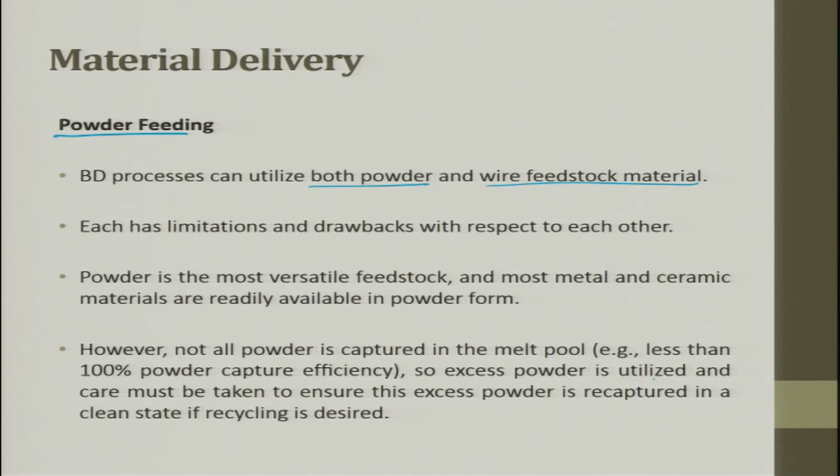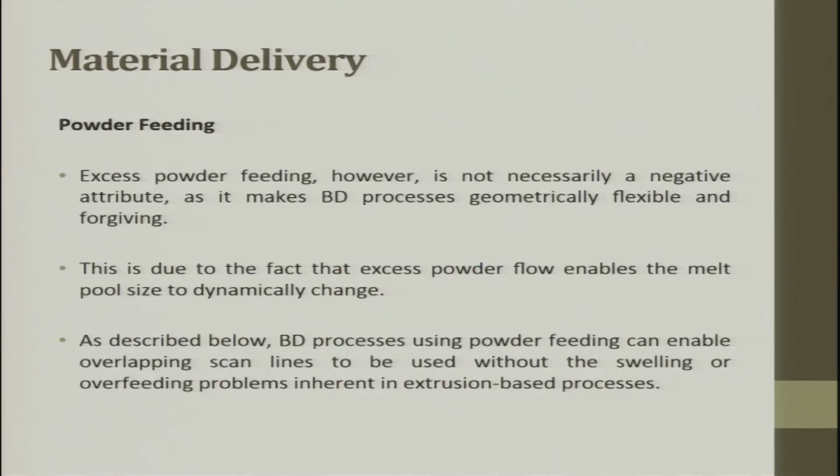So, excess powder is utilized, and care must be taken to ensure that the excess powder is recaptured and kept clean if recycling is required. That means if you dump a lot of powder, not all of it will be melted. You will have only a track, along which it melts, and the rest of the powder should be removed so that it can be used for melting.